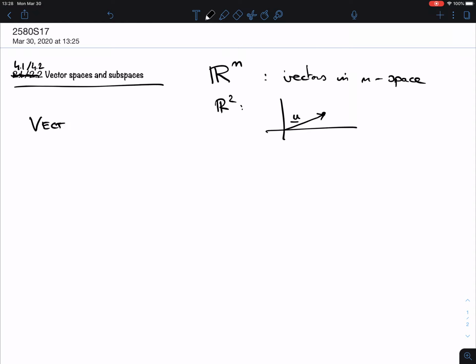So a vector space. Now, the book gives a rather formal treatment of that. But for our purposes, I'm going to make it much simpler.